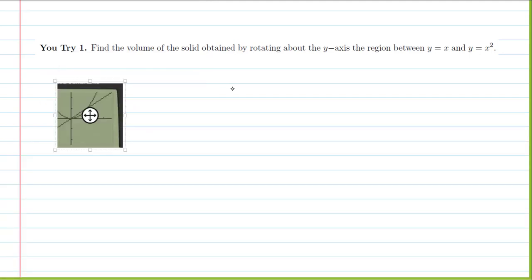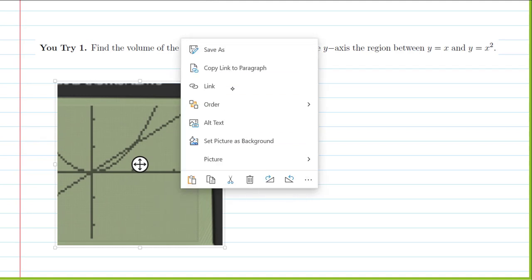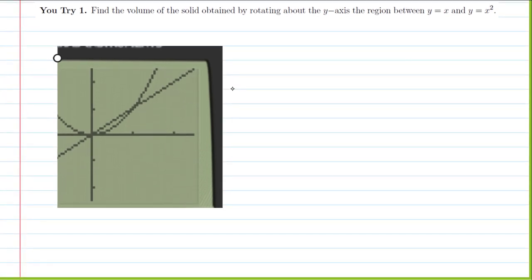Looks like this. And we want to rotate this around the y-axis. As it turns out, you could use discs just as easily, or actually washers, and get the same answer. So if we did our rectangle parallel to the y-axis, our height is going to be x minus x squared.